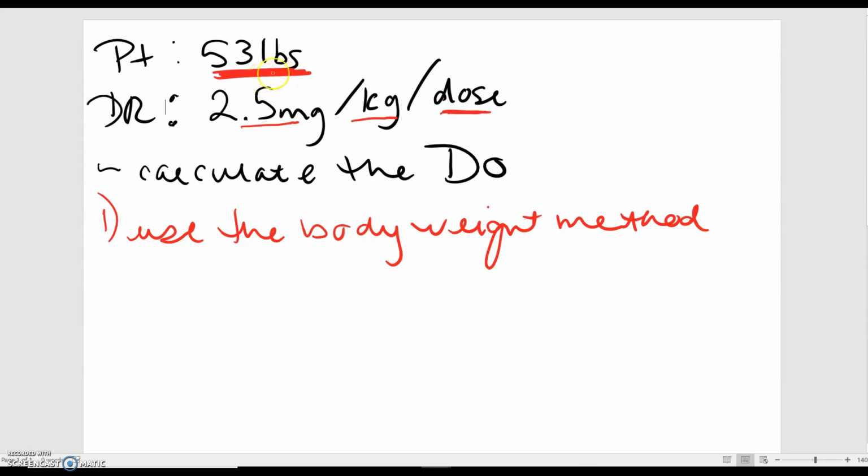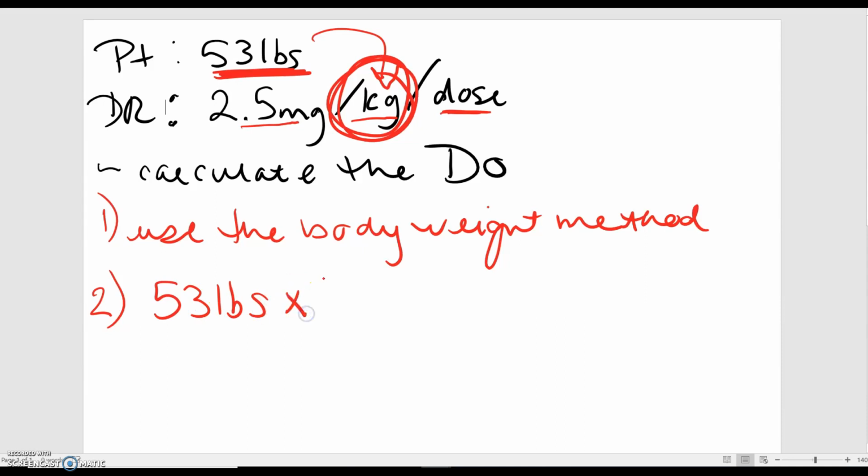Well, the question is, does this 53 pounds match the regimen of the body weight? It doesn't. So my next step is to change 53 pounds to kilograms by doing what? Dividing by 2.2 pounds.